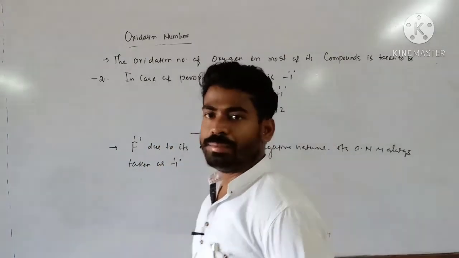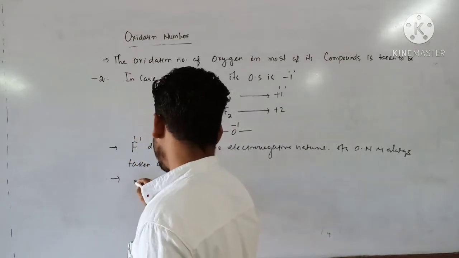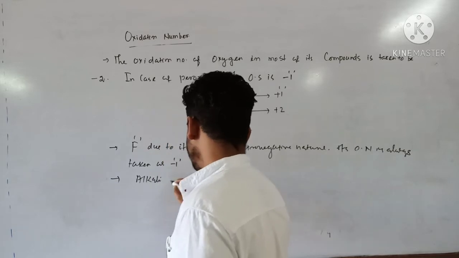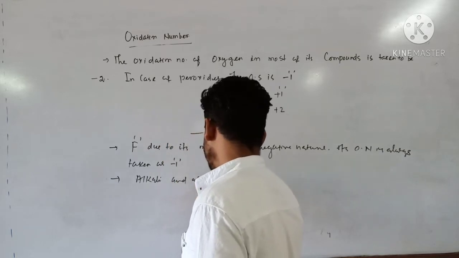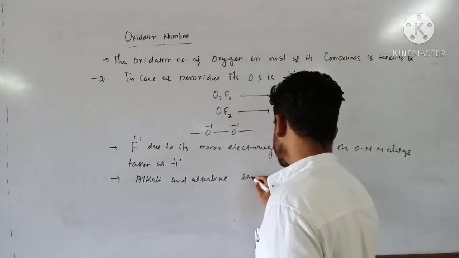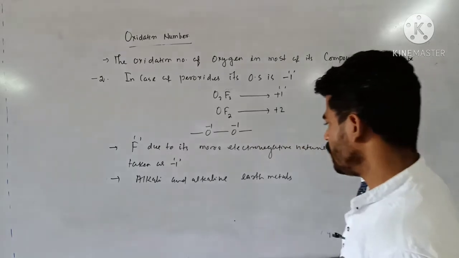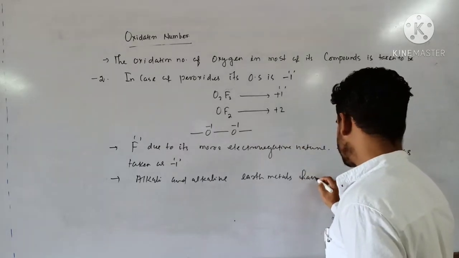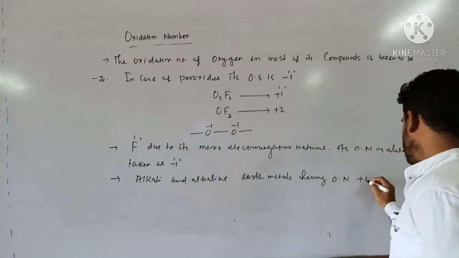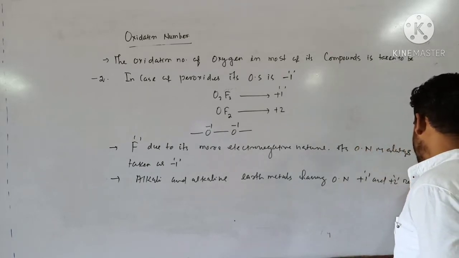In the case of alkali metals, the valency is positive, +1. So alkali and alkaline earth metals have oxidation numbers +1 and +2 respectively.